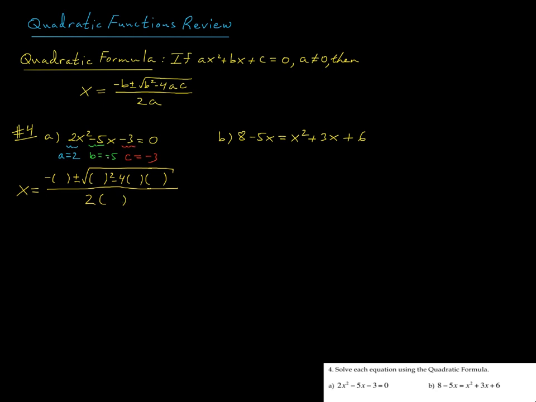So opposite of b, and b is negative 5, and then I have b squared minus 4 times a, which is 2, times c, which is negative 3, and then that's all divided by, I have 2a down there. A is 2.